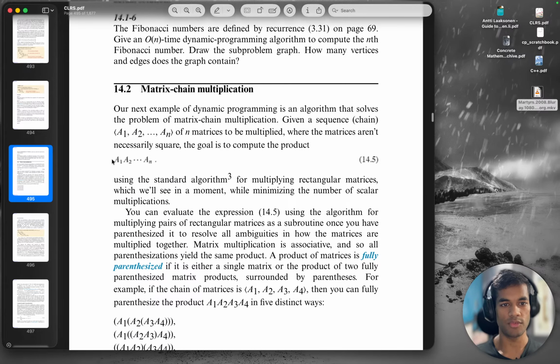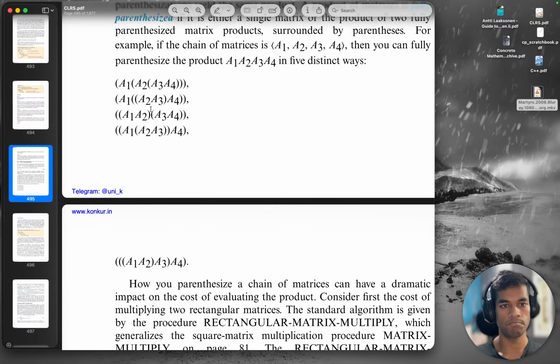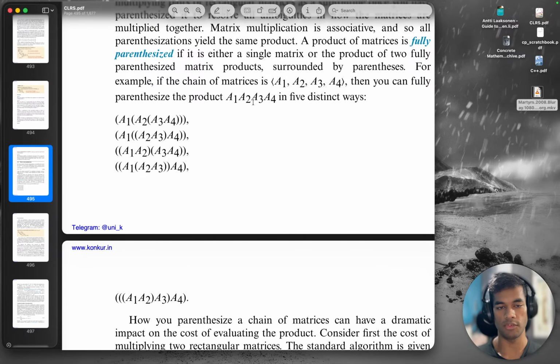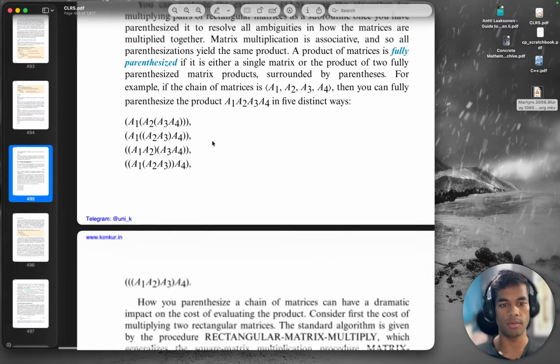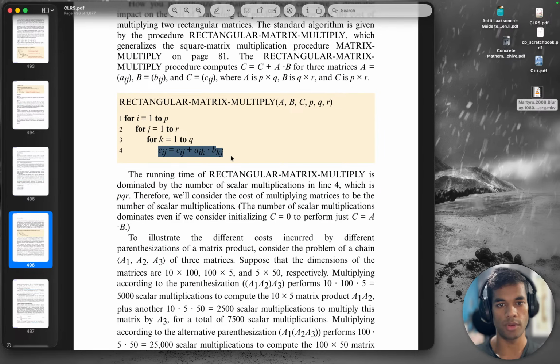So in this question, we have a bunch of matrices A1, A2 till AN, and since matrix multiplication is associative, we can say first we are multiplying these two matrices, and then we are multiplying A2 with the product of these two, and then A1 with the whole product of these three, and that would give us a number of scalar multiplications that we would have to perform when multiplying them internally.